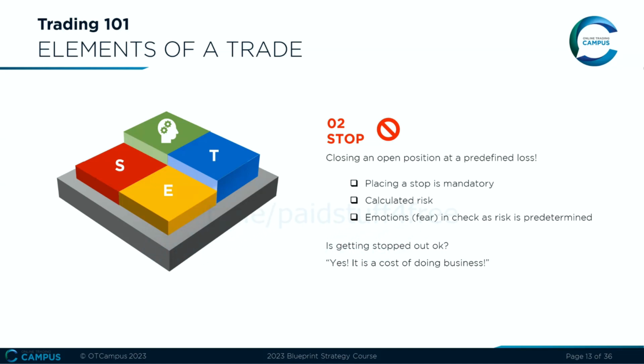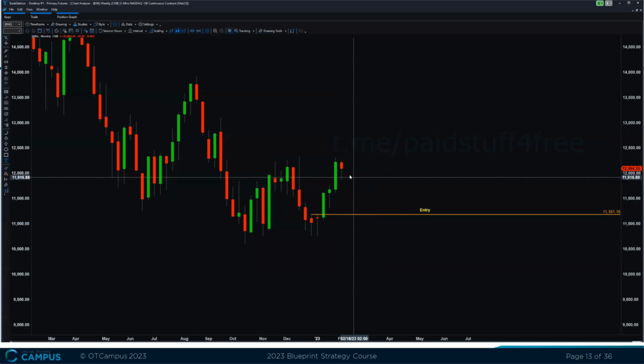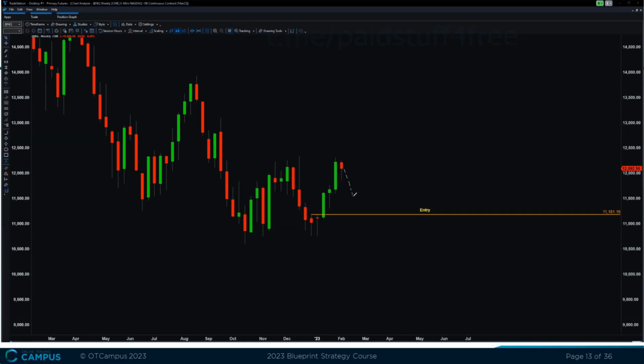As part of timing the market, we have our stop loss, because as it stands, let us say price is coming into our entry. Now price is here. Now we would be in this trade. We would be filled at 11,000. As price continues to go lower, the more money we're losing, right?